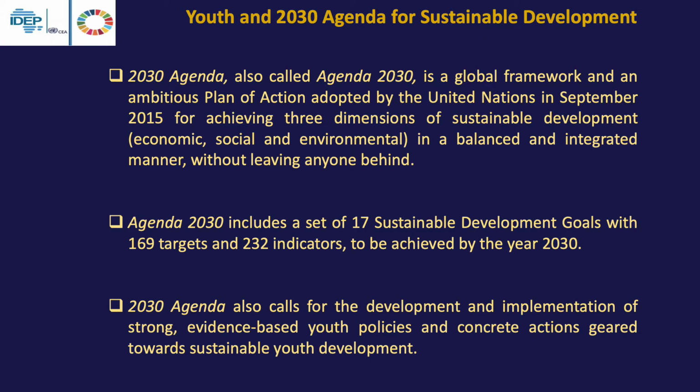Agenda 2030 also includes a set of 17 SDGs with 169 targets and 232 indicators that must be achieved by 2030 for the world to say yes, that we are delivering on this. It therefore calls for the development and implementation of strong evidence-based youth policies and concrete actions geared towards sustainable youth development.